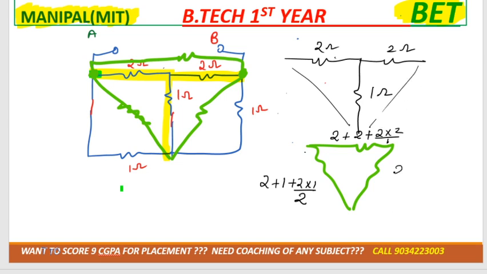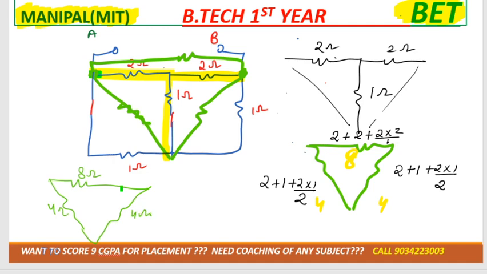And this one would be the same, 2 plus 1 plus 2 into 1 by 2, according to the formulas, correct? So this is 8 ohm, this would be 4 ohm, and this would be 4 ohm. Clear? Now if I redraw the diagram, this will be 8 ohm, this will be 4 ohm, and this will be 4 ohm. This is basically the delta representation.